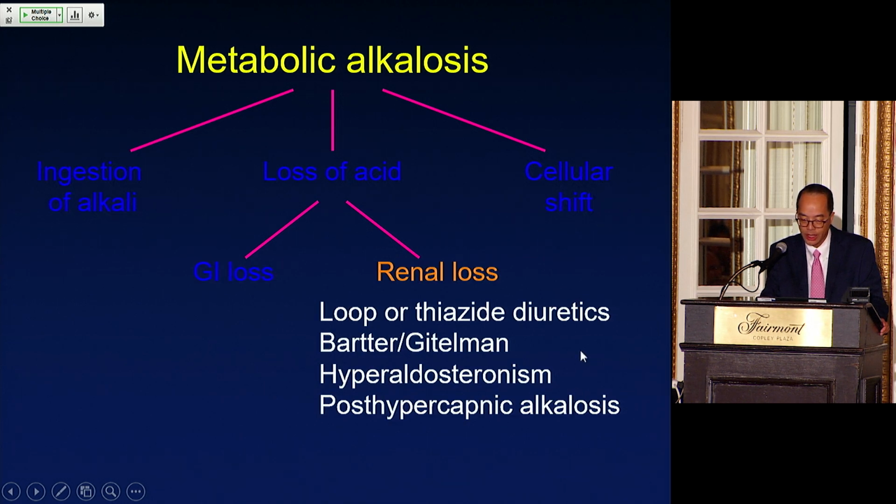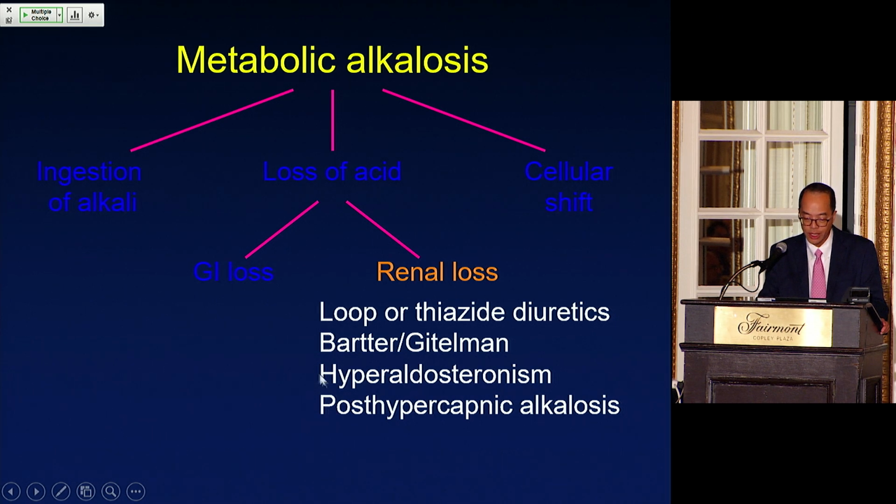Renal loss of acid. So aldosterone normally acts to reabsorb sodium in the collecting duct in exchange for secretion of acid and potassium. So you can get metabolic alkalosis if you deliver more sodium to the collecting duct, either because you have an inherited defect in the ability to reabsorb sodium in the thick limb or the DCT, or you give a diuretic that inhibits that. So all of these cause hypokalemic metabolic alkalosis.